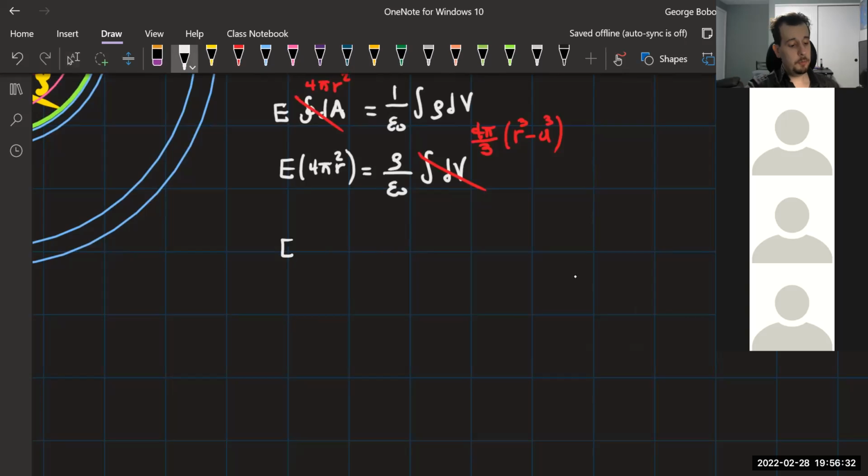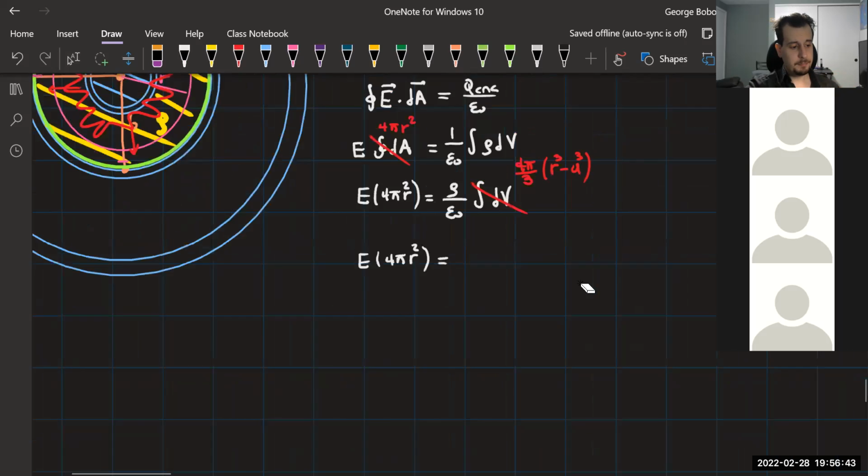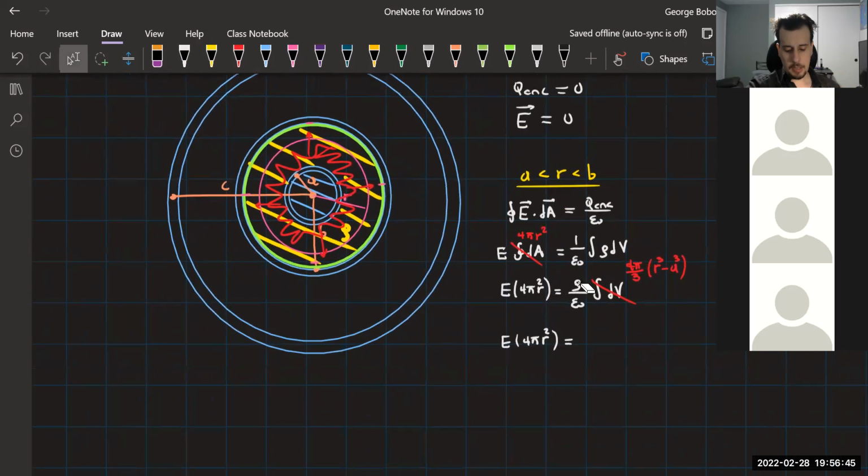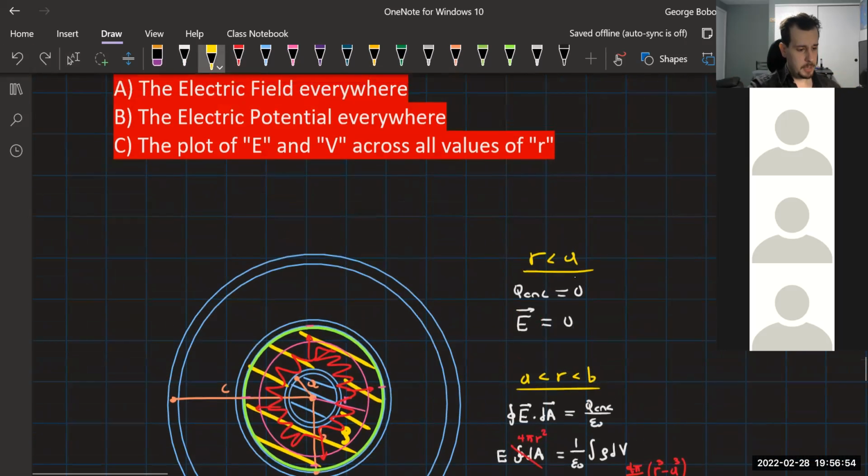So we put it all together. You can see what's happening. We got 4 pi rho. And again, before I continue, let's ask Kelly again. Kelly, what is this rho right now? Are we given rho?